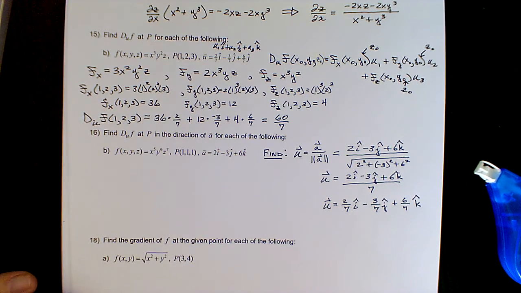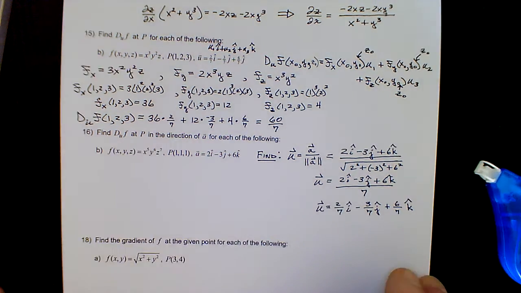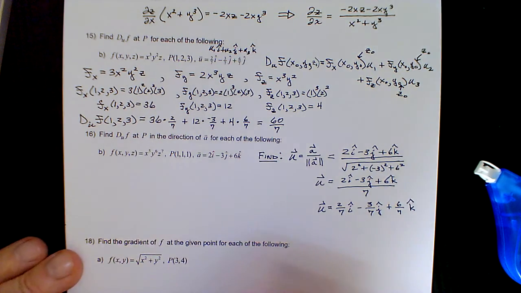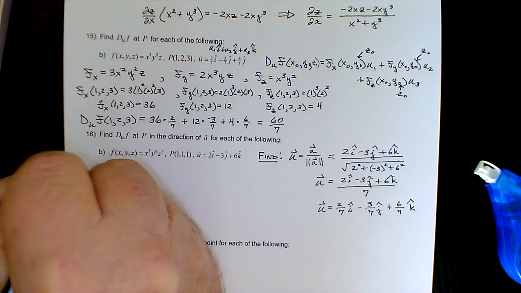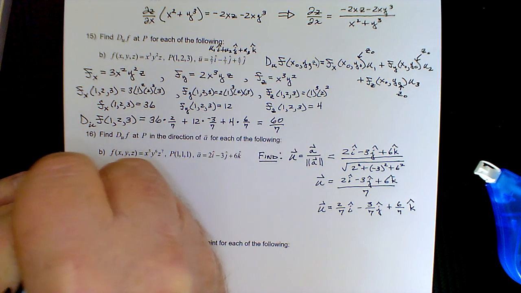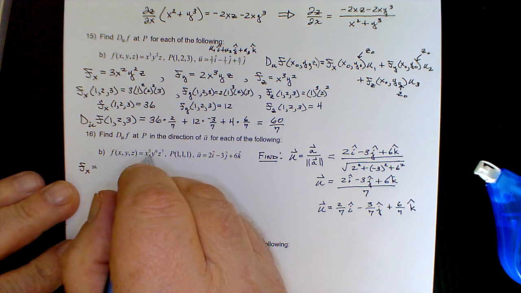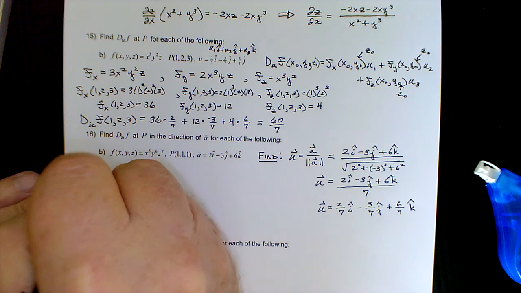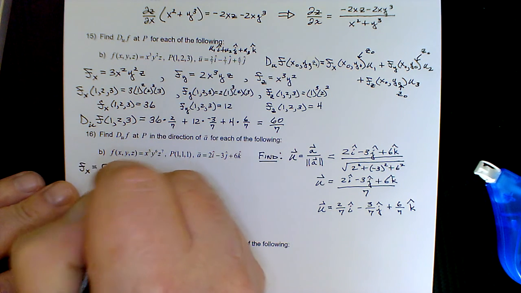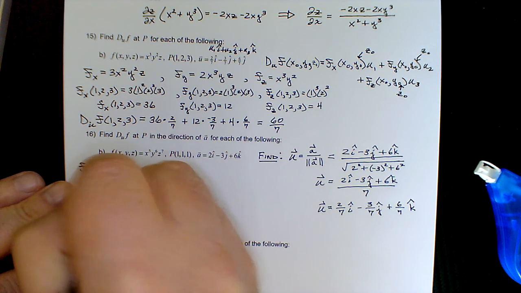Alright, so make sure you find the unit vector first, and then it's just a matter of taking the partials once again, evaluating them at the point, and then substituting them into our formula. For the partial with respect to x, that'd be 5x to the 4th, and then y to the 6th, z to the 7th tags along.